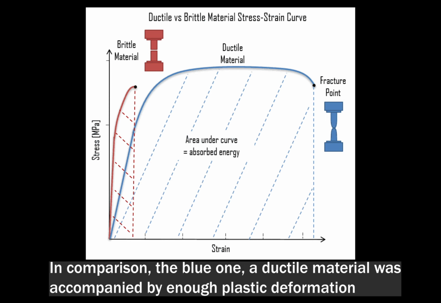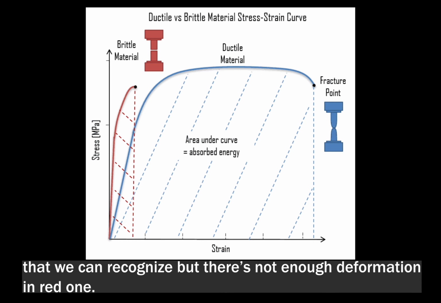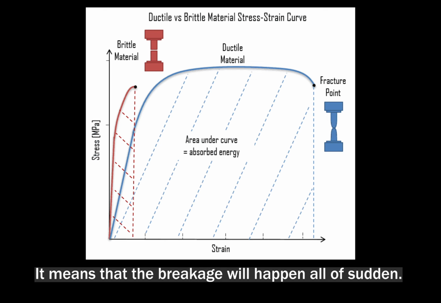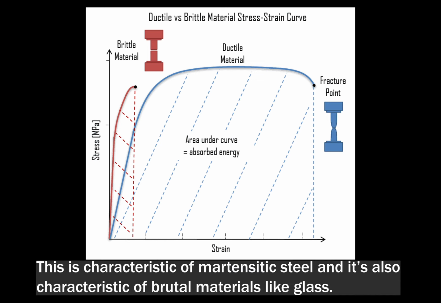In comparison, the blue one, a ductile material, was accompanied by enough plastic deformation that you can recognize, but there's not enough plastic deformation in the red one. It means that the breakage will happen all of a sudden. This is characteristic of martensitic steel, and it's also characteristic of brittle material like glass.